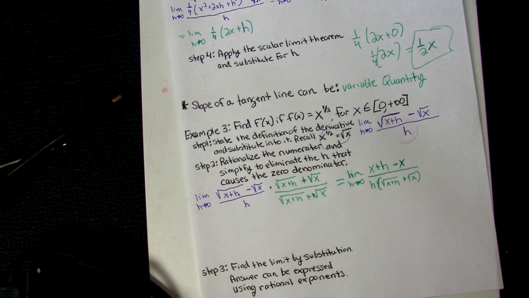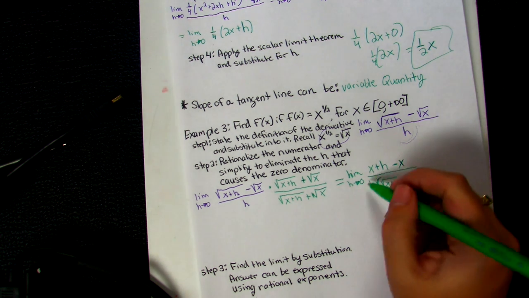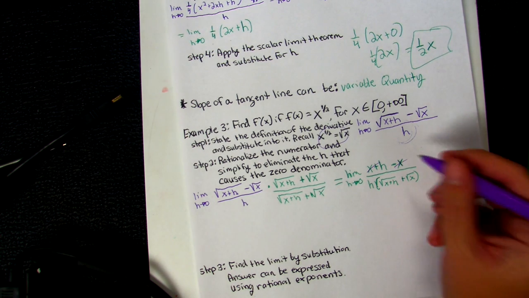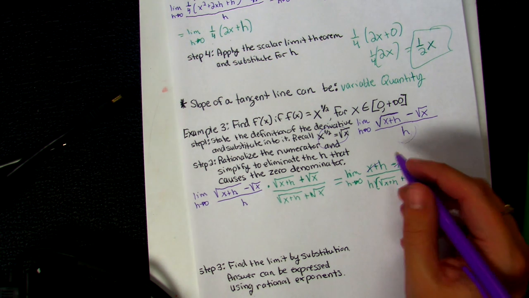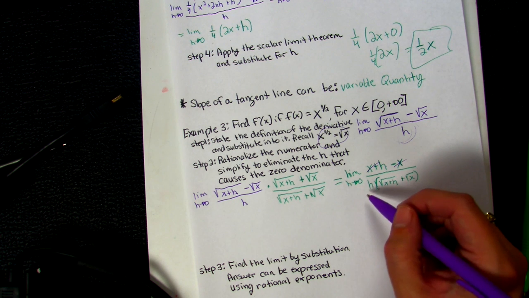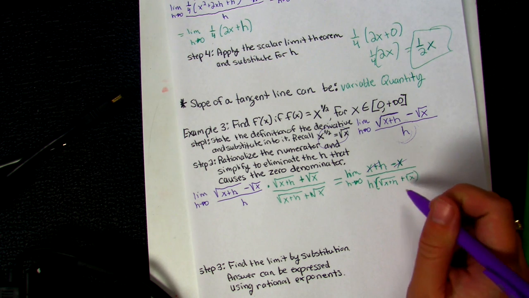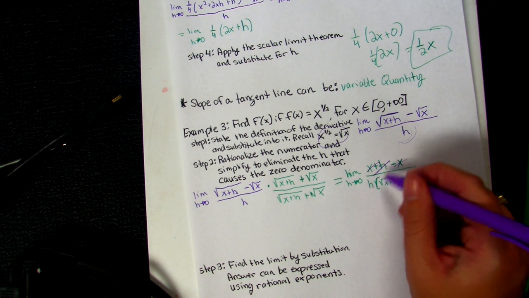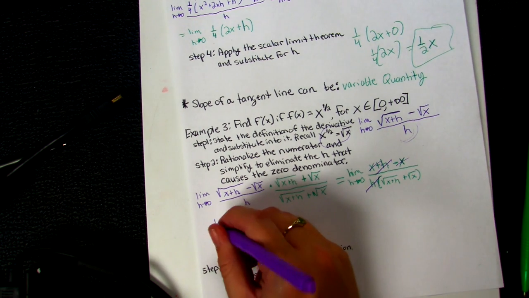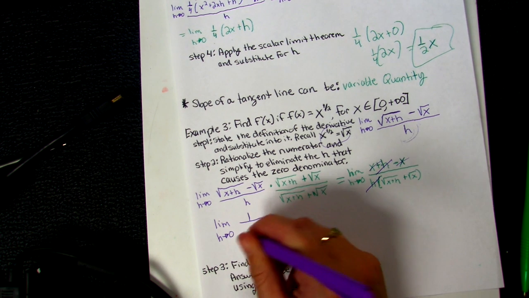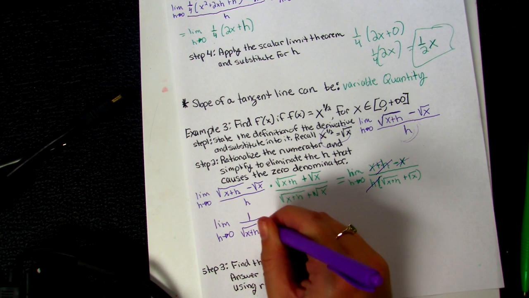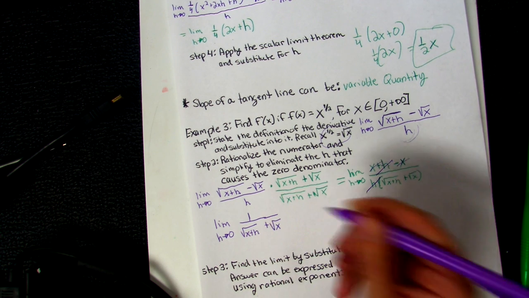Okay. So from here, the x's cancel, leaving me h in the numerator. And because I have an h in the numerator and then I have an h here, that's the reason I didn't distribute this h, because if you notice, this will cancel with this, leaving me 1 in my numerator and the square root of x plus h plus the square root of x in my denominator.